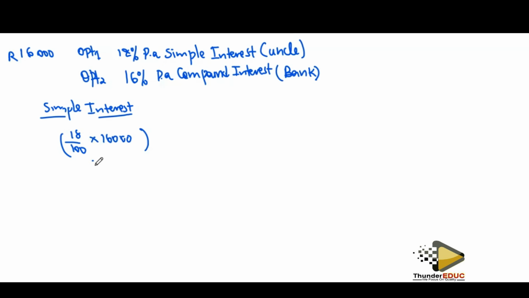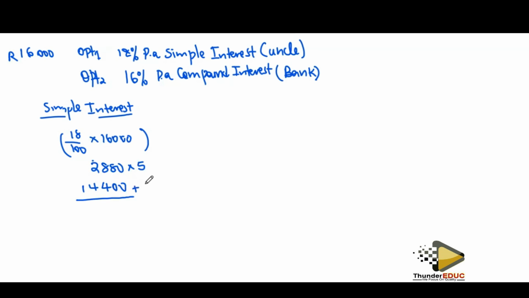And so the interest for only 1 year will be this much. But remember, it's simple interest for 5 years. So you multiply by 5, you get 14,400.